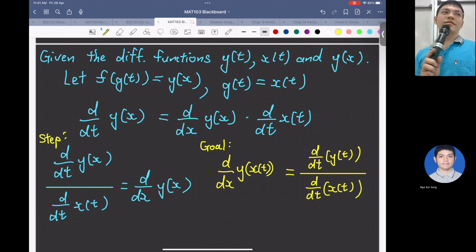Can we make it into a function of t? I will say the answer is in the slide.